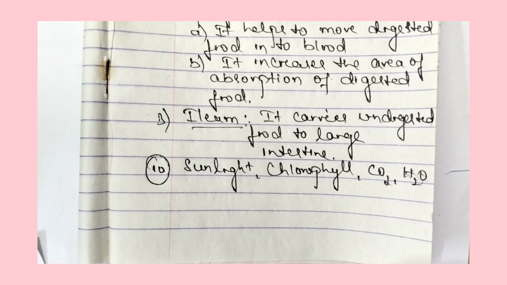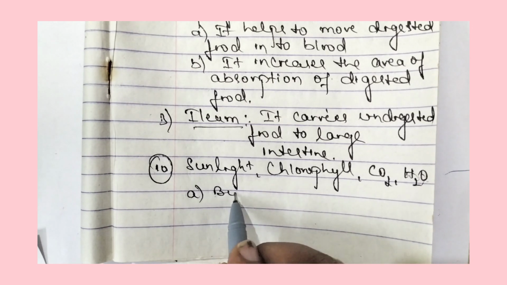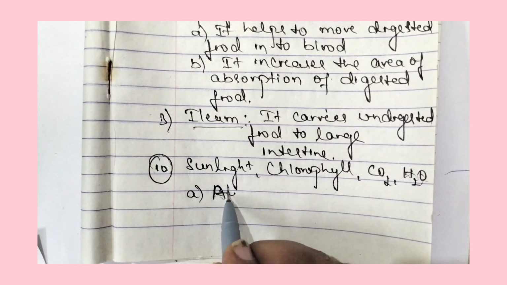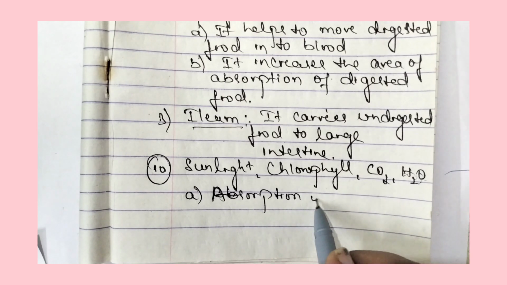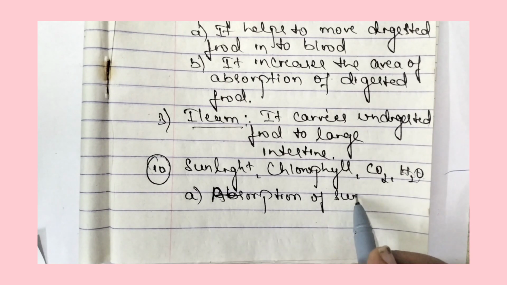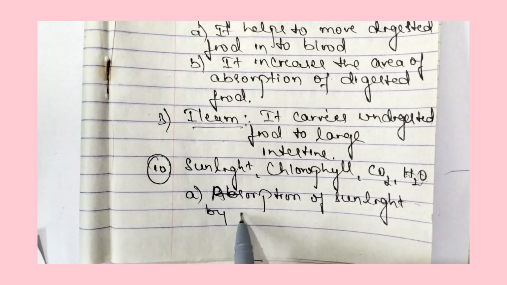Then mention the events that occur during photosynthesis. The first event is absorption of sunlight by chlorophyll.